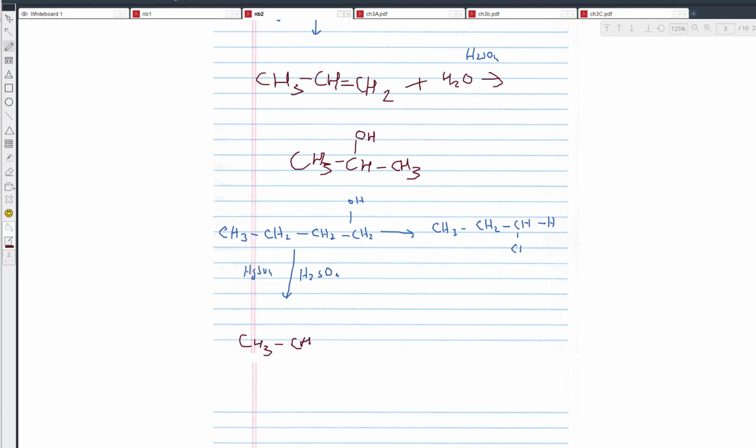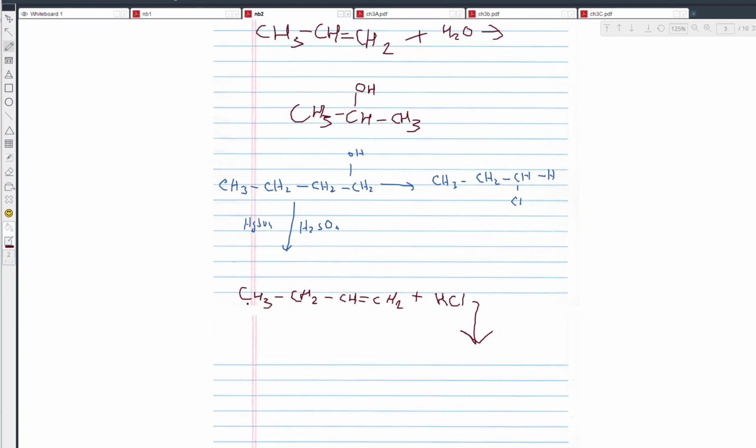All right, so CH3, CH2, and when I dehydrate it, I'm pulling one H from there. So that's going to become CH, and then a double bond, and then CH2. That's right. And now we're going to add HCl. And again, it's going to follow Markovnikov's rule, good old Markovnikov.